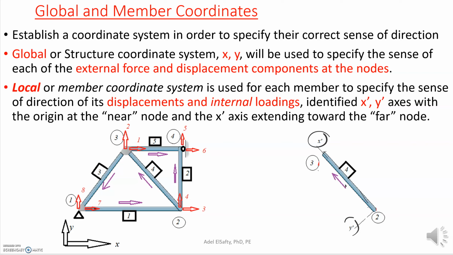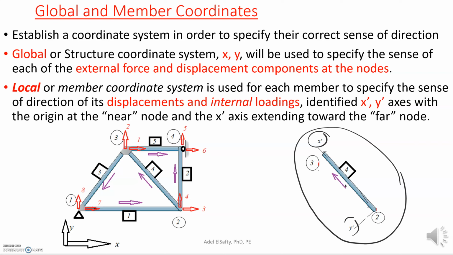The local or member coordinate system is used for each member, as you can see right here. That is going to help you identify the internal force that's developed in this member. This is a very important and very easy and straightforward procedure.